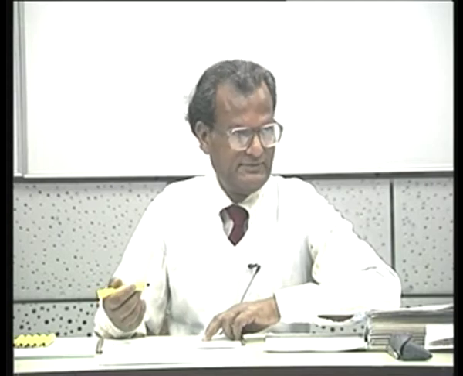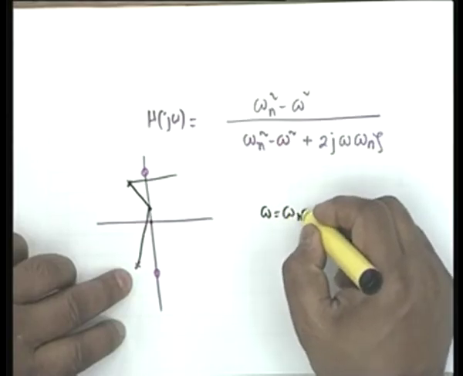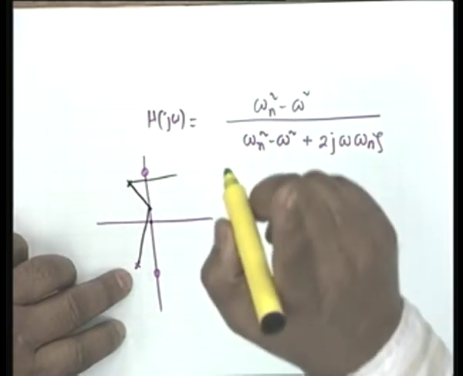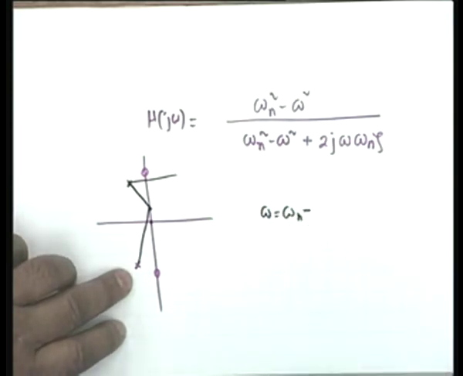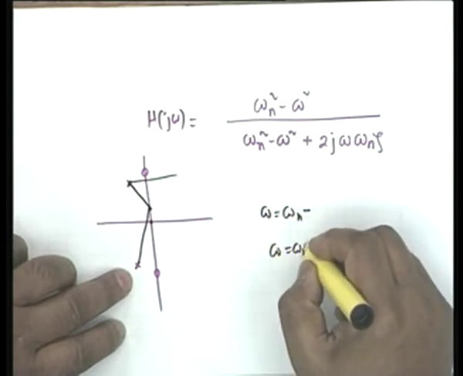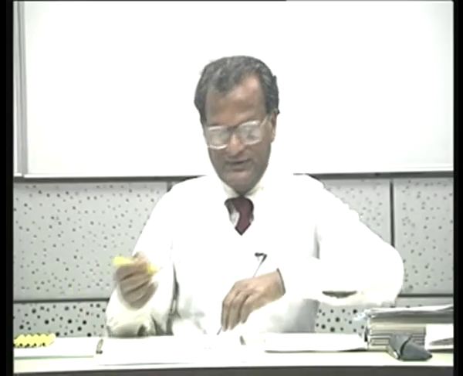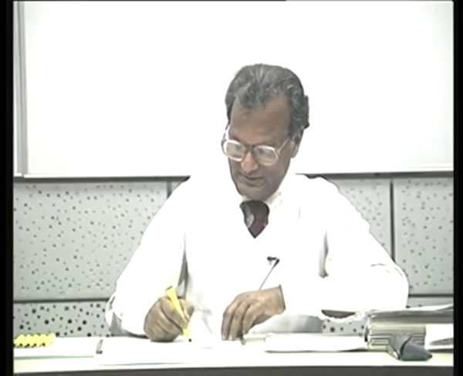Therefore, between 0 and omega n, the phase is negative. What happens at omega equal to omega n? 180 degrees minus 90 degrees. At omega n minus, the phase becomes minus pi by 2, and at omega n plus, the phase becomes plus pi by 2. That's all that is required for the phase plot.